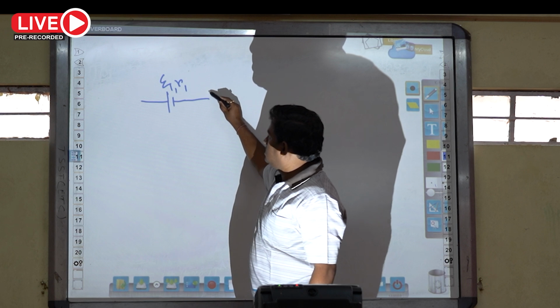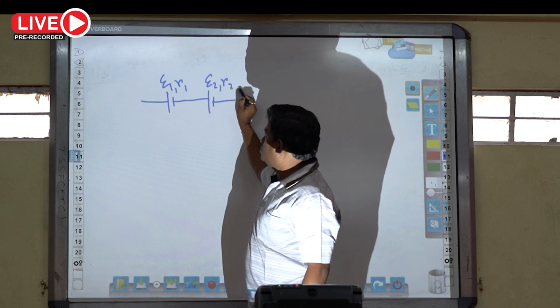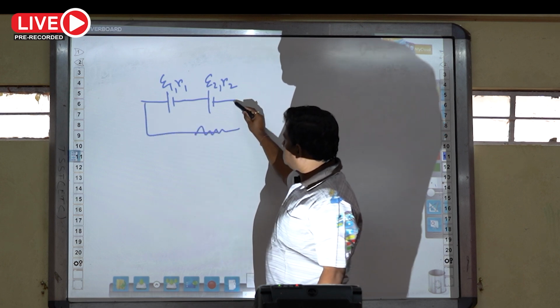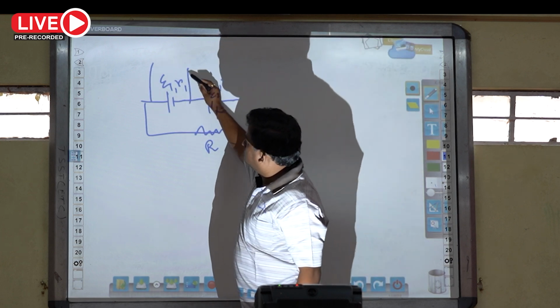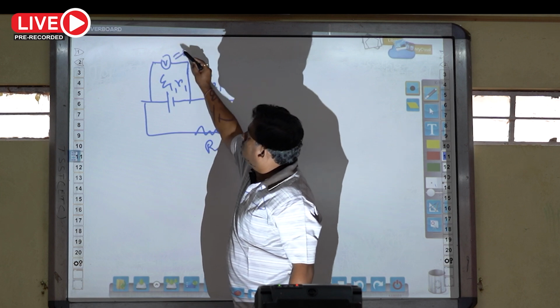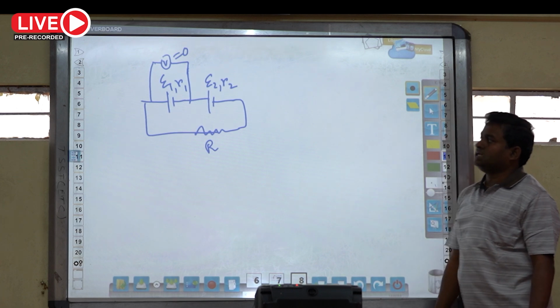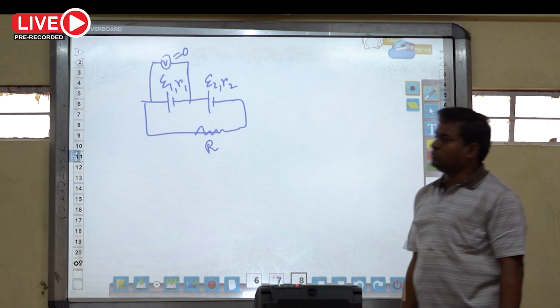This is the second cell, E2, R2. External resistor R. Across this, if you connect this voltmeter, the reading is showing 0. For that, what is the relation between R1, R2 and R that we have to find out?